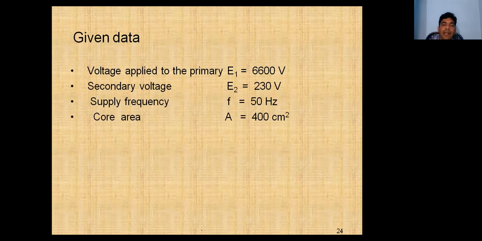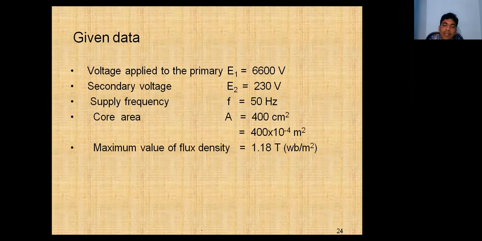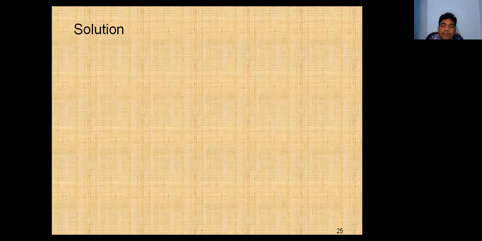Core area A is equal to 400 centimeter square, that is equal to 400 into 10 to the power of minus 4 meter square. Maximum value of flux density is 1.18 Tesla. Find N1 and N2.